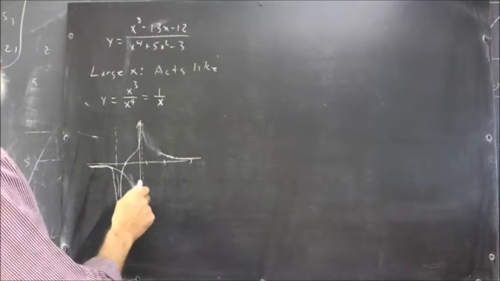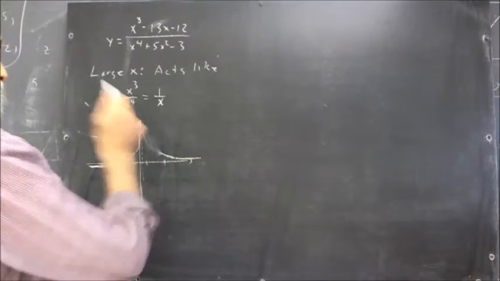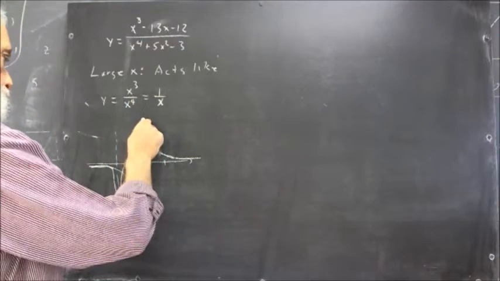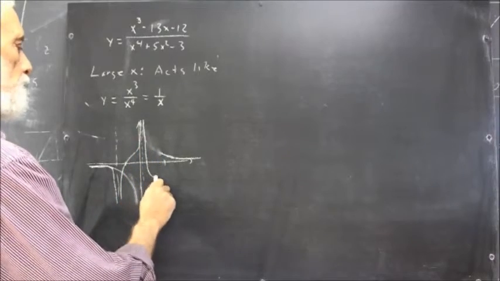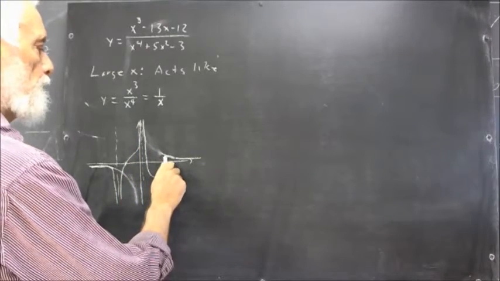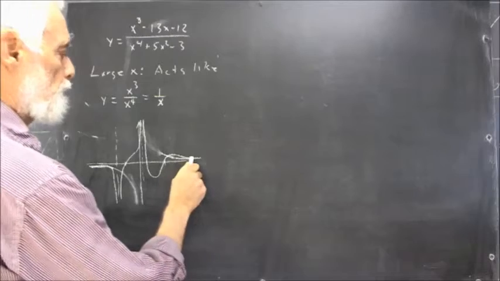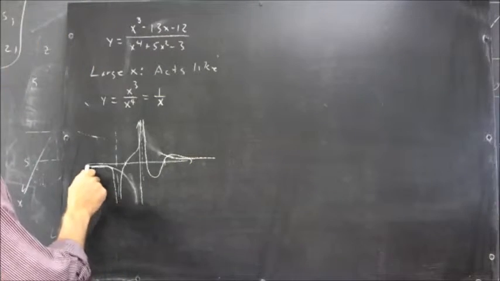Then it's going to come down from that positive asymptote, go through this 0, come up through this 0, turn around, and then it'll approach this asymptote here.